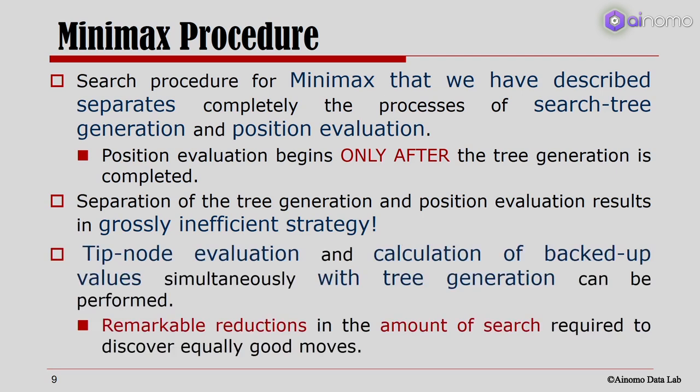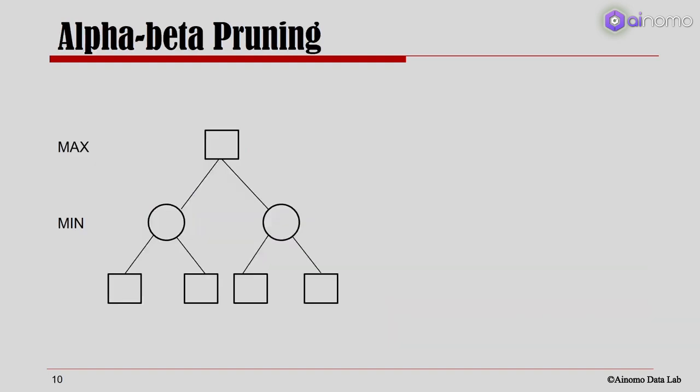So is there some way in which tip node evaluation and calculation of backed up values can be done simultaneously with tree generation? If this could be done, we could have remarkable reductions in the amount of search required to discover equally good nodes. So this is exactly what we look for in this layering on Minimax that we are talking of, and that amounts sometimes to many orders of magnitude reduction in the amount of search. That is what is alpha beta pruning.